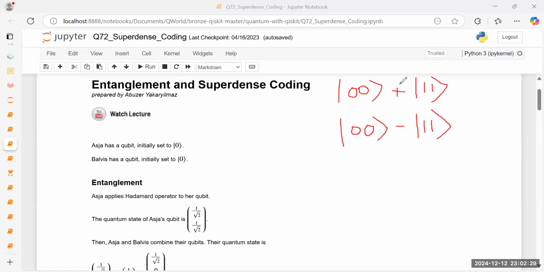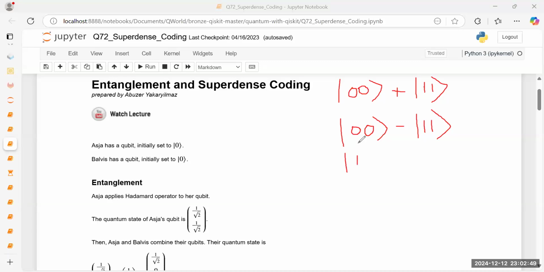Because we have a 1 here, and if we apply a Z gate to the 1 state, we're going to get the -1 state. So that's why we have a negative sign here. Then she now applies the X gate.